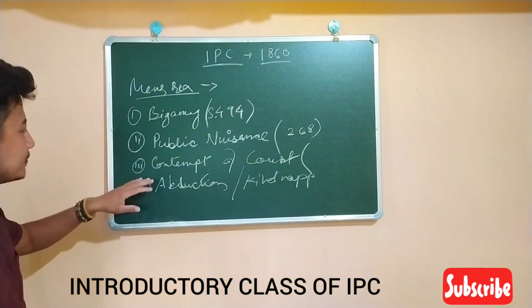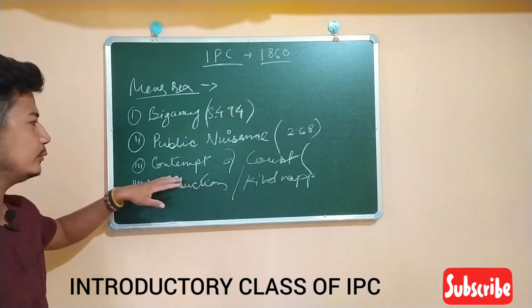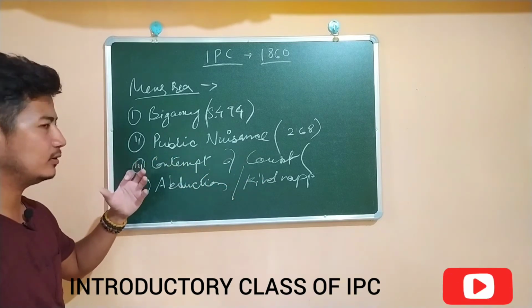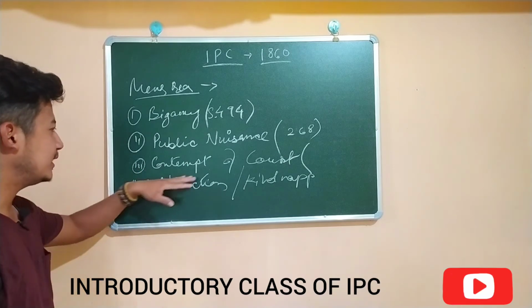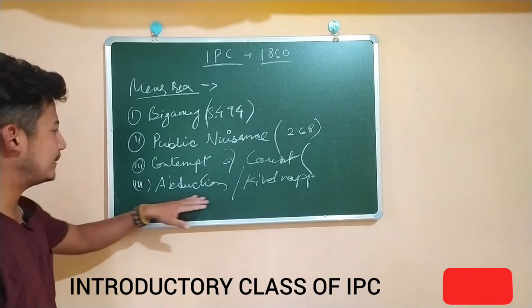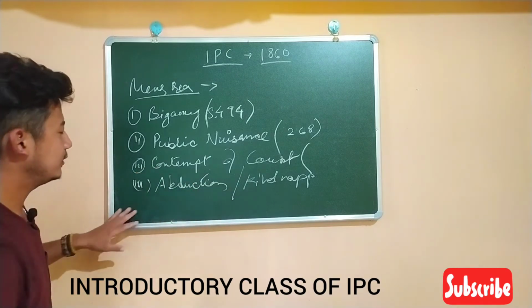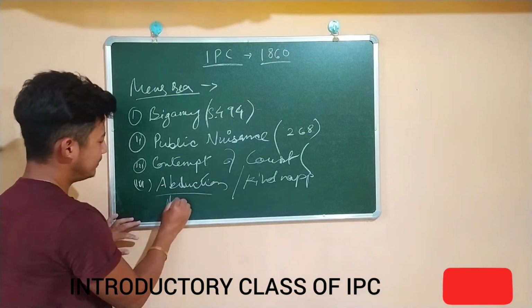Number three, contempt of court: when we show contempt for the decision of the court, or we do certain things which will defame the court, that will be contempt of court. And number four, we have abduction and kidnap.